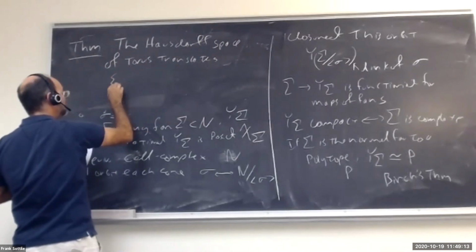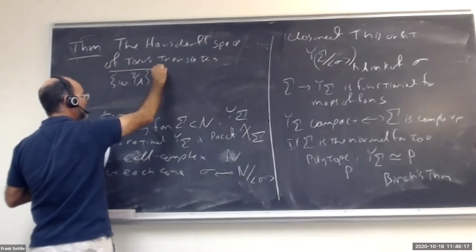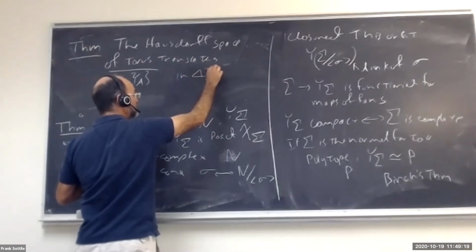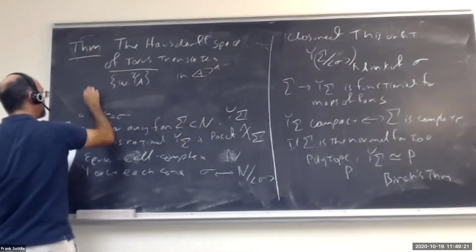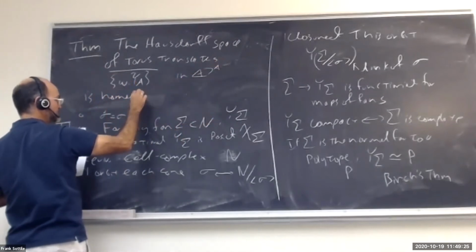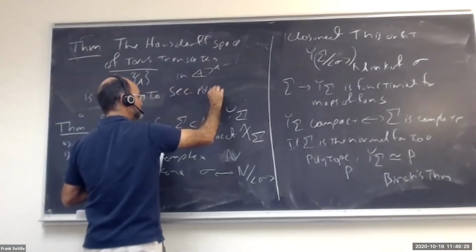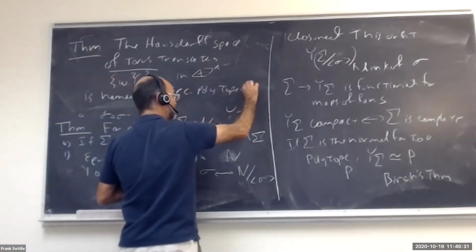I consider all torus translates, and I take the closure in this original setting, and it is homeomorphic, with choices, to the secondary polytope of A.